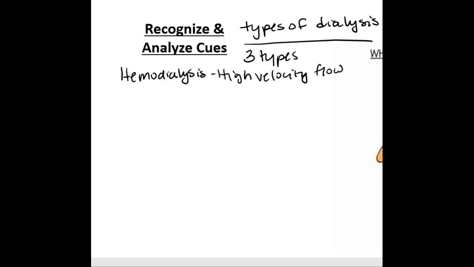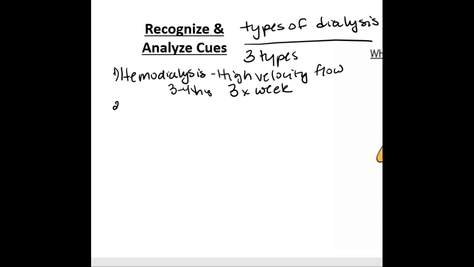This is the one that we think of because they go to the dialysis center. They're done as an outpatient generally. They go 3 to 4 hours, 3 times a week. So it's a pretty big lifestyle commitment to hemodialysis. So we'll talk a little bit more under generating solutions, how we set patients up for that and things like that. So that's hemodialysis, the number 1.